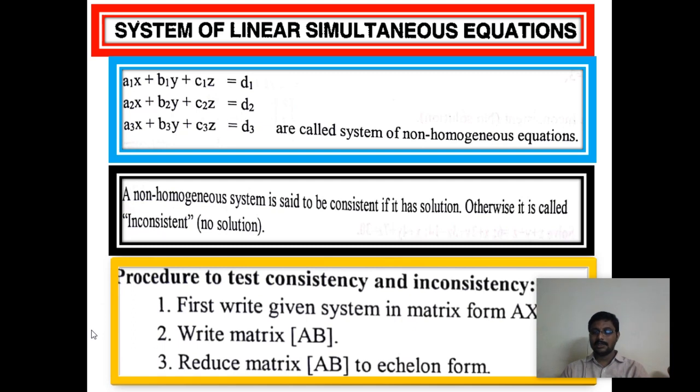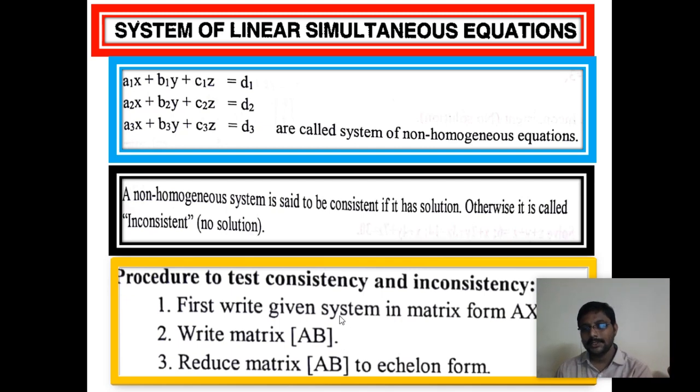The first step is to write the matrix form of the given system, that is, AX equal to B. In the second step, we write the augmented matrix, the matrix AB. In the third step, we reduce the augmented matrix AB to echelon form.